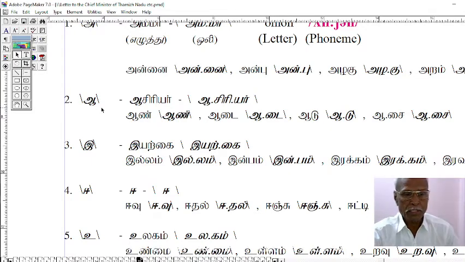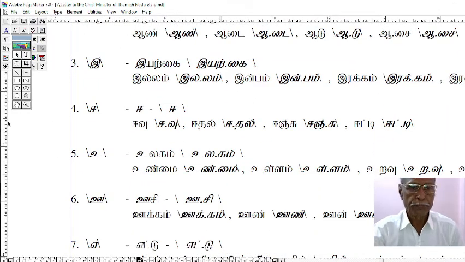The name of the second vowel phoneme is Aa. That is, this is the long form of the short vowel A. Example: Aa, ஆசிரியர், ஆண், ஆடை, ஆடு, ஆசை. The name of the third Tamil vowel phoneme is I. Example: இயற்கை, இல்லம், இன்பம், இரக்கம், இரவு.